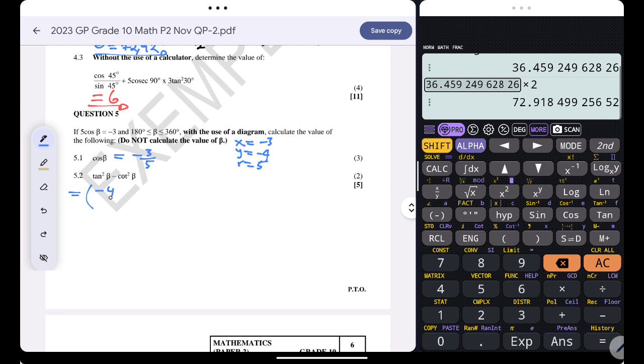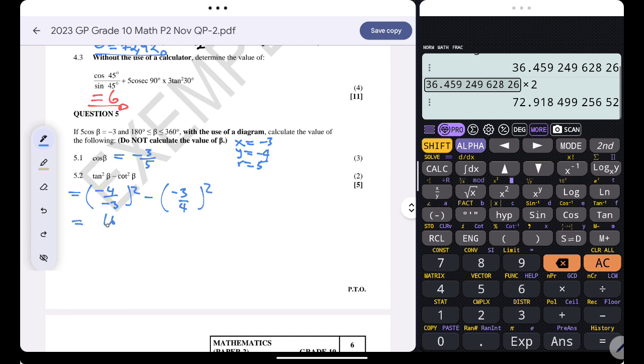So I'll have negative 4 over negative 3 squared minus, cot is the opposite of tan, right? Since tan is y over x, this simply means that cot will be x over y. So this will be negative 3 over 4 all squared.